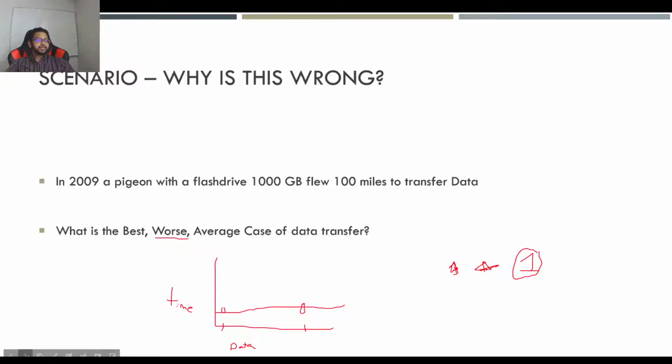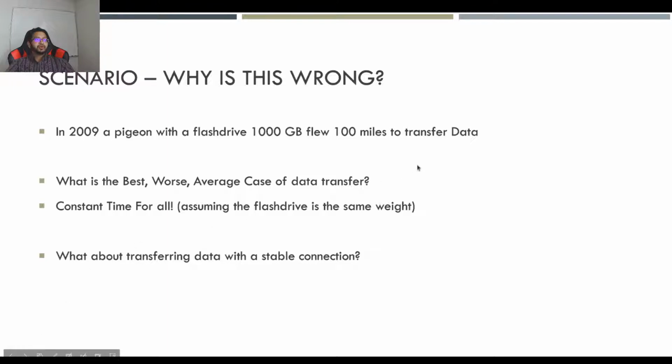Now, if we looked at it a different way, so we know that this is going to be constant time, assuming that the flash drive is the same weight. What happens if we have a stable connection and we're transferring data over that connection?